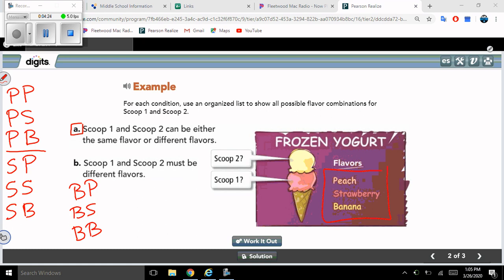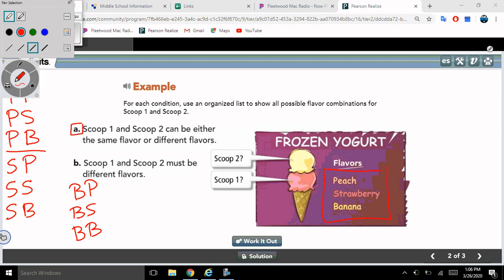You would want to create that in some sort of organized list as I have. Now, if you did this well, then when you move on to part B here, it will be a little bit easier, because I now want scoop 1 and scoop 2 to be different flavors.